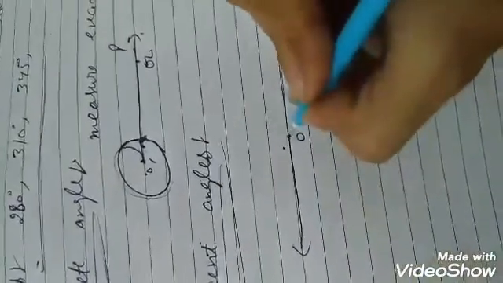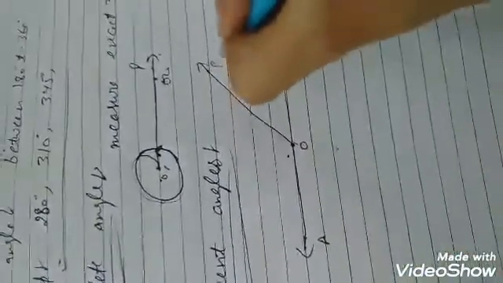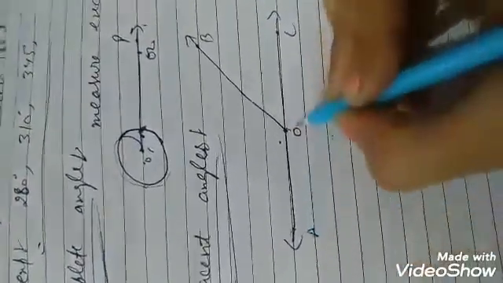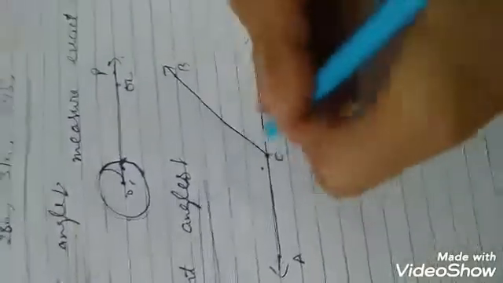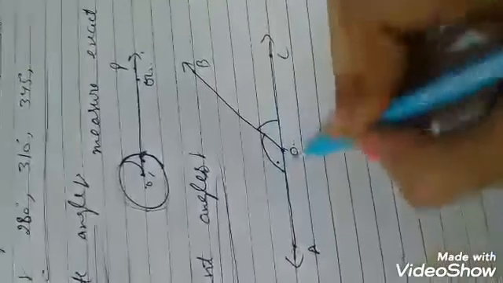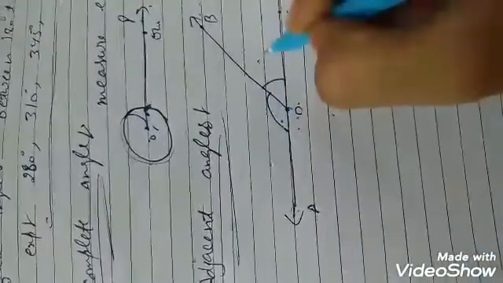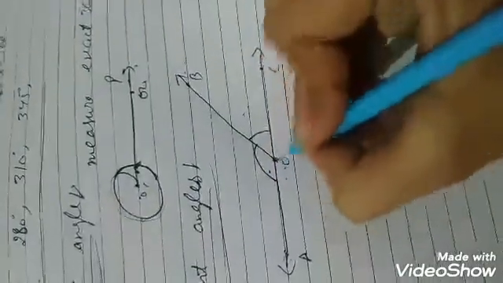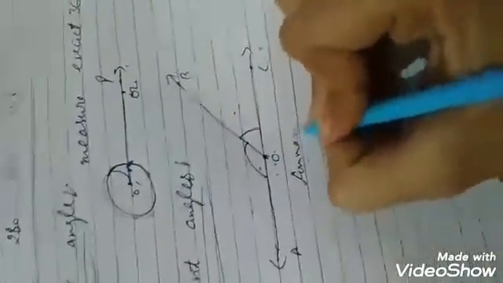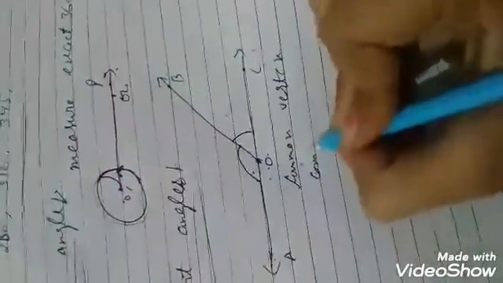Like, O is a vertex and A, B and C. There are two angles, angle AOB and angle COB. Two angles are there now, angle AOB and angle BOC. They are adjacent angles because they have a common vertex and one common arm.